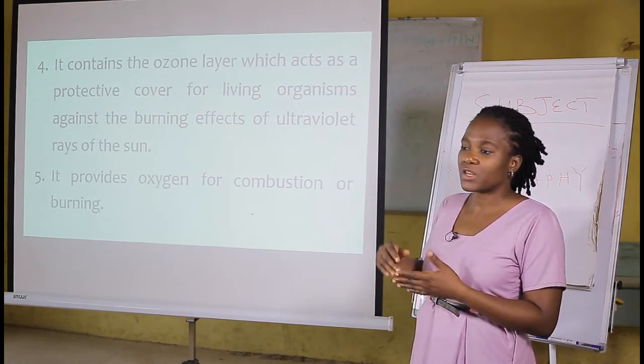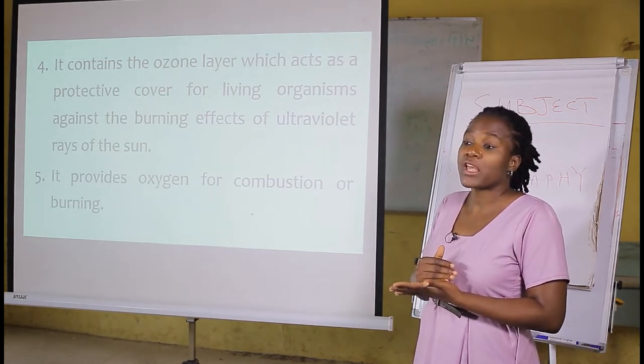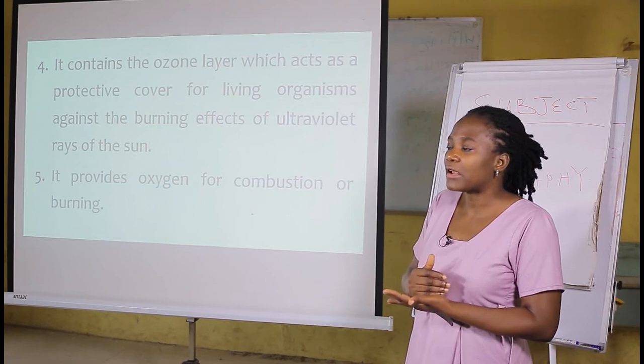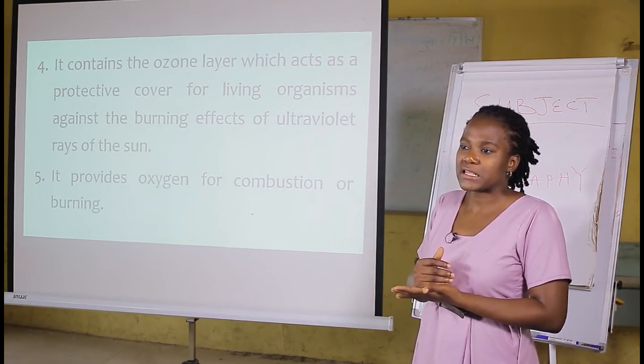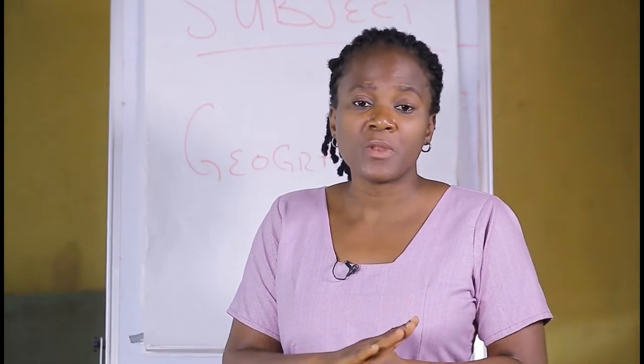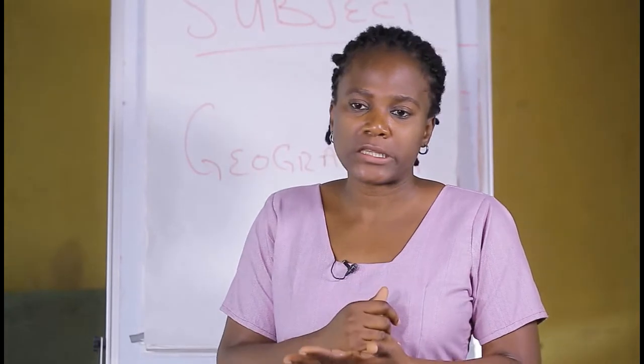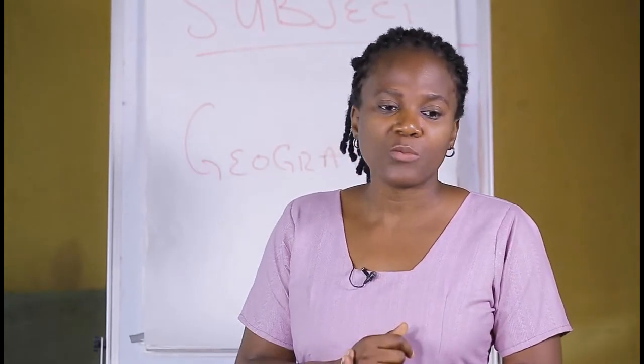That is because they've been exposed to direct sunlight. The purpose of the ozone layer is to prevent us from having direct contact with the rays of the sun. And five, it provides oxygen for combustion or burning. Burning or combustion cannot take place without the presence of oxygen, and this oxygen is gotten from the atmosphere.